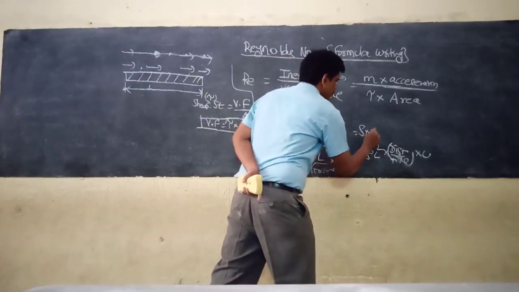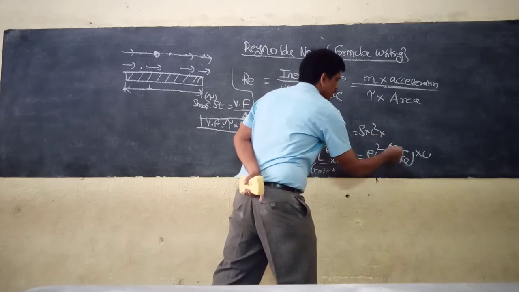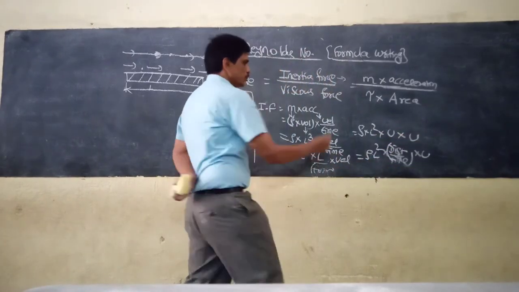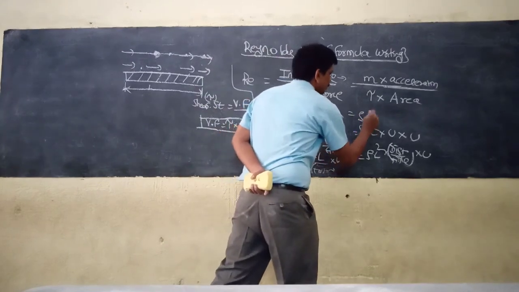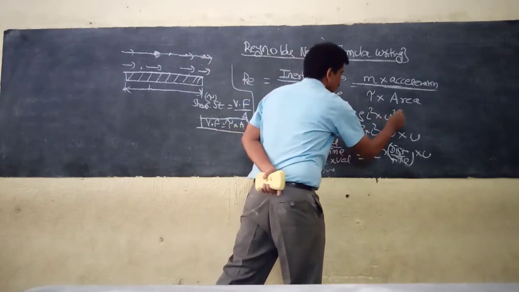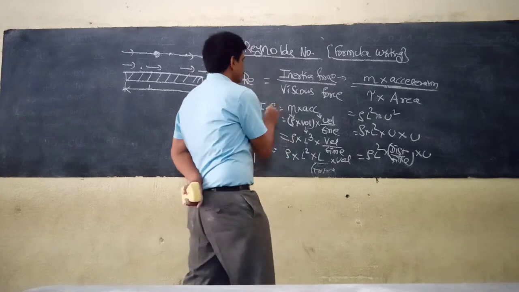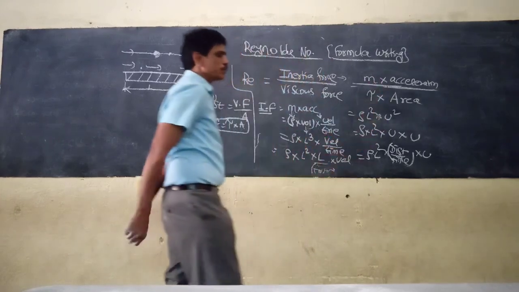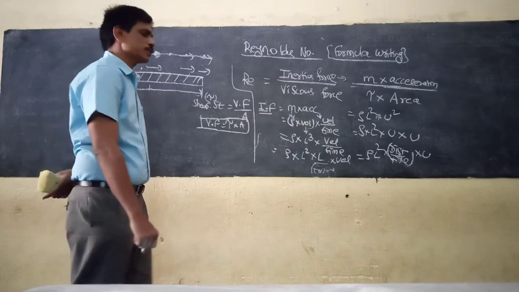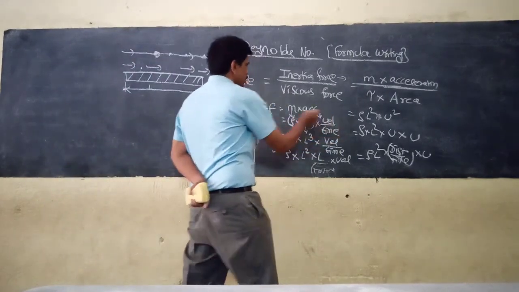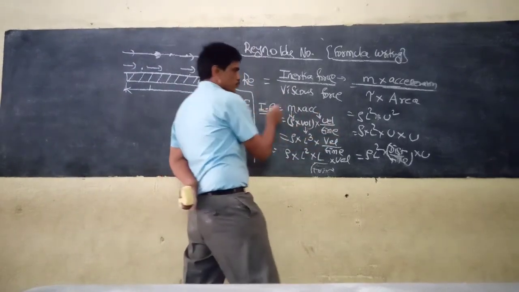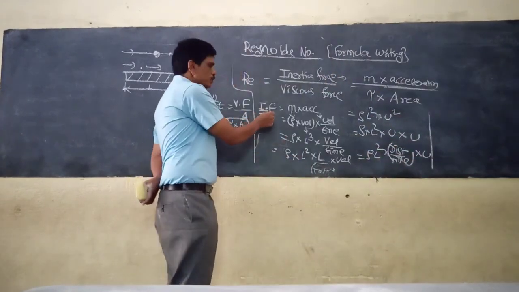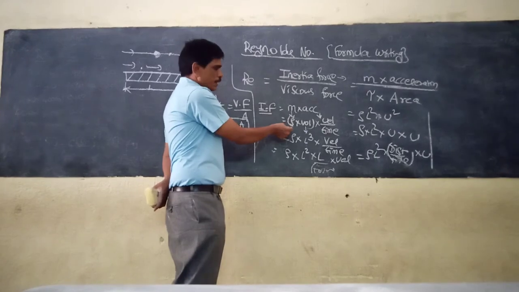So rho into L square into distance by time, which is the velocity u, into u. So that becomes rho into L square into u square. So the inertia force expression becomes rho into L square into u square. That is the relation to write the inertia force. Once again, inertia force is nothing but mass into acceleration.